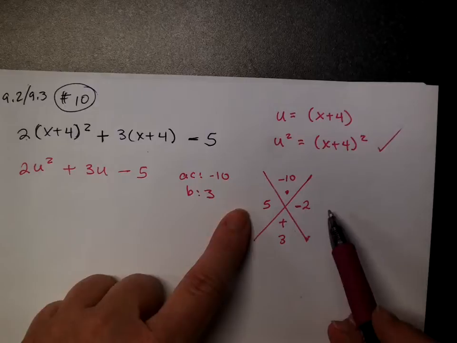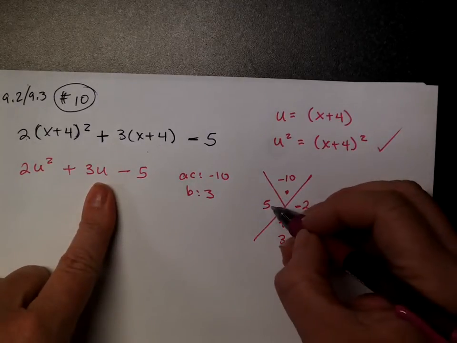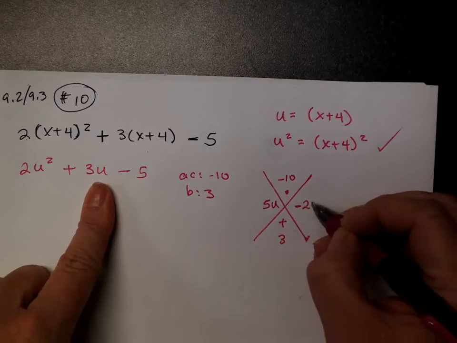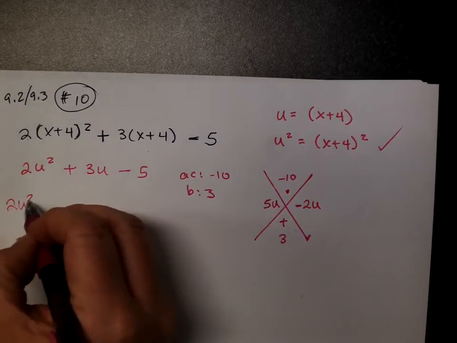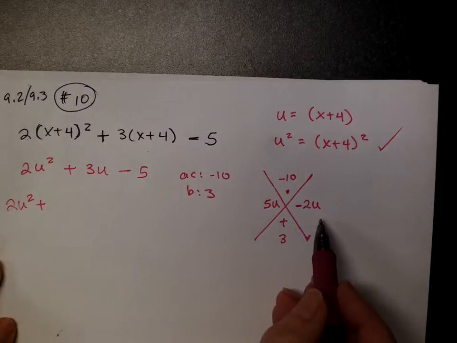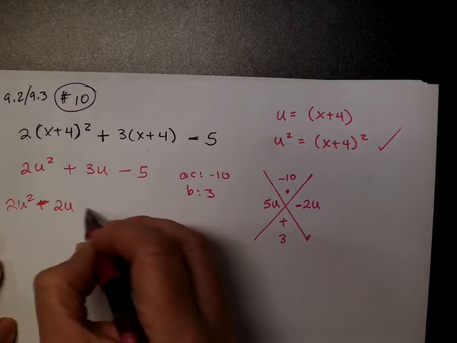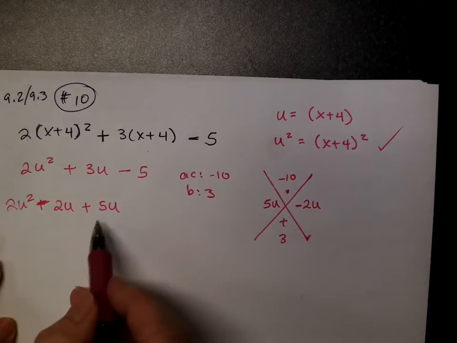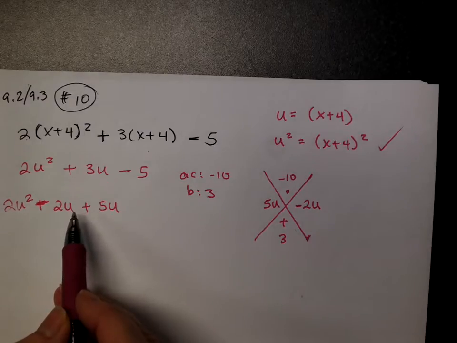But this is a not equal to 1, so we are not done. What's our middle variable? U. So I tack on a u to those, and I split my middle. 2u squared plus, actually, I should do minus 2u first, and then plus 5u, to keep my plus in the middle. Because if I put the minus in the middle, I have to do that sign flip and the negative GCF.